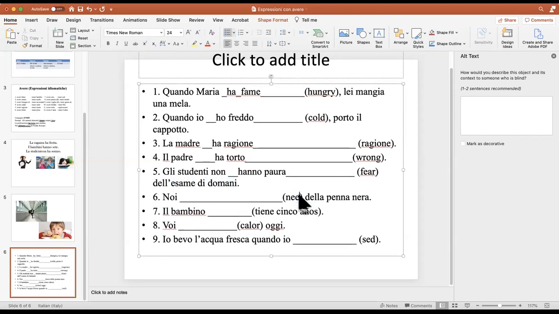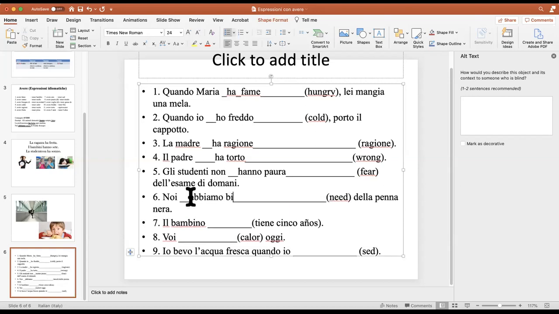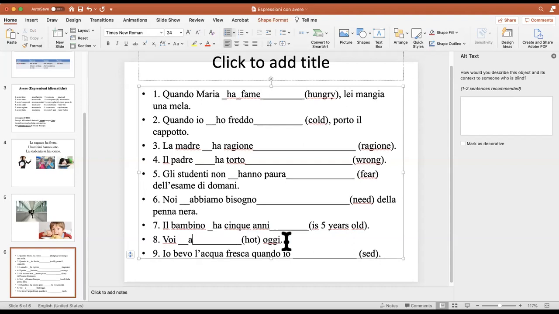Noi abbiamo bisogno della penna nera. E poi il bambino ha 5 anni. And then voi avete caldo oggi. E io bevo l'acqua fresca quando io ho sete. Right? Bevo l'acqua fresca quando io ho sete.